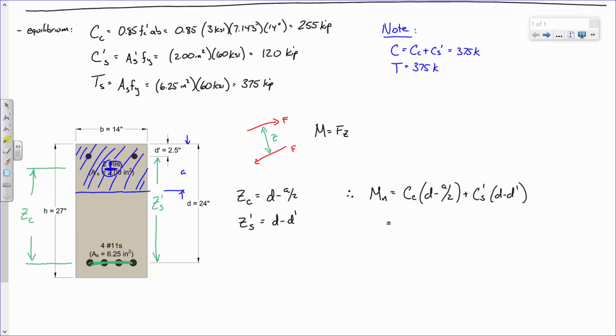So this is what? 255 kips. This is 24 inches minus that, plus 120 times that. And so what is Mn?